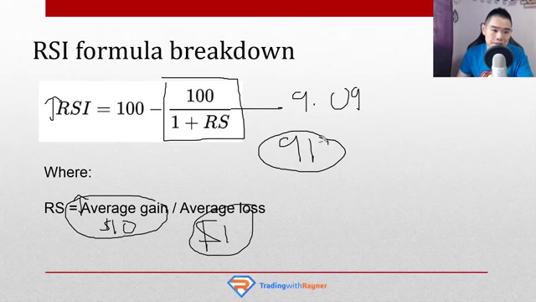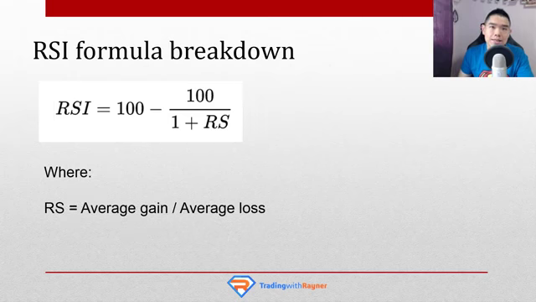Can you see how this works? So another example, let's say this time your average gain is still $10, but your average loss has increased even more. Let's say your average loss is now $20. Again, let's plug in the numbers. 10 divided by 20 is 0.5. So you take 100 divided by 1 plus 0.5, which is 100 divided by 1.5.